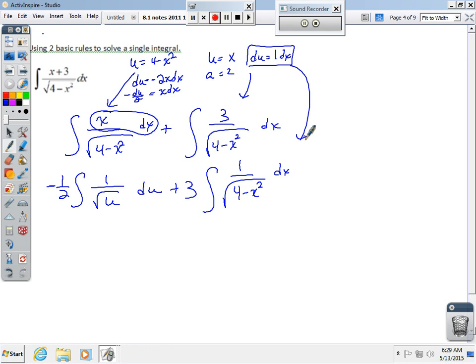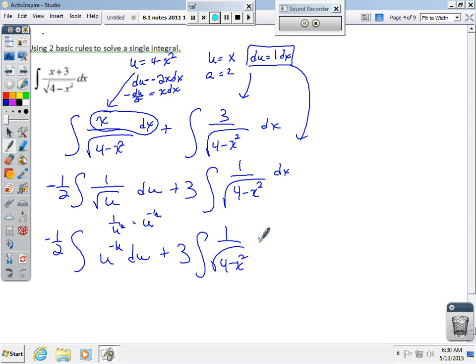So, alright, negative 1/2. This part here, that's really 1 over u to the 1/2, which I'm going to rewrite as u to the negative 1/2. So I'm just going to keep rewriting this. So u to the negative 1/2 du plus 3 integrate 1 over the square root of 4 minus x squared dx.